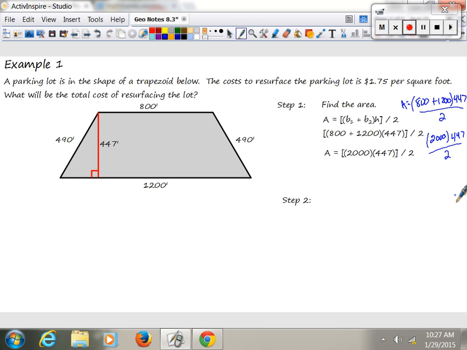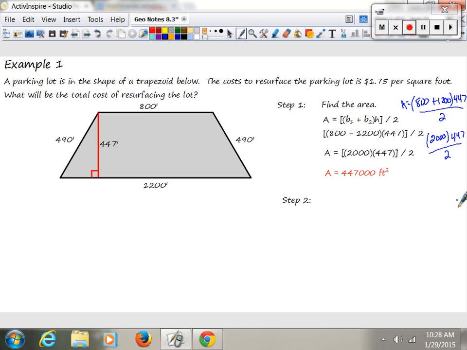So if you want to write it like mine here, or if you want to write it straight across, you can. The answer then is 447,000 square feet. 447,000 square feet is what you get for the parking lot.